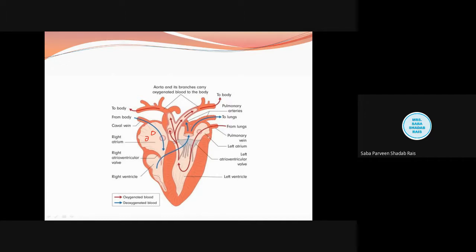Now when we talk about the pulmonary aorta, we know the destination of the right side blood is the lungs, so it will go there. These are the pulmonary arteries. Actually, it is not completely drawn. Here an arrow is shown. It is somewhat like this.